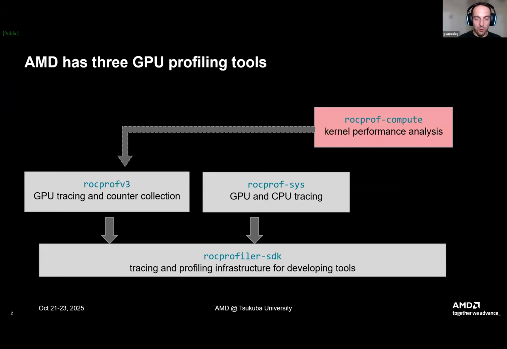Rocprof-compute is the kernel performance analysis tool that you would use basically at the end of your profiling journey, after you have found which kernels are worth optimizing and perfecting. Rocprof-compute uses Rocprof v3 behind the scenes, which itself relies on the Rocprofiler SDK.